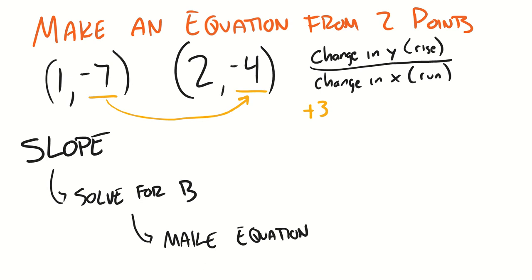And then if I were to go from my change in x, my 1, to my 2, that's going to be +1. 3 divided by 1 is 3. So my slope is 3. Slope is my m value.